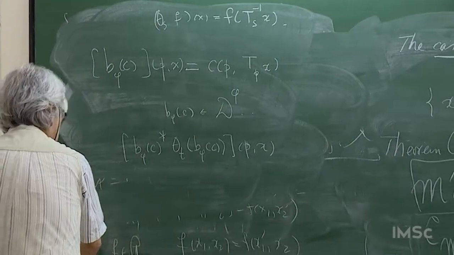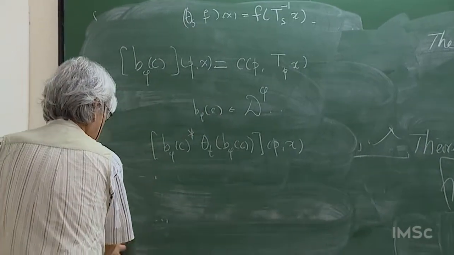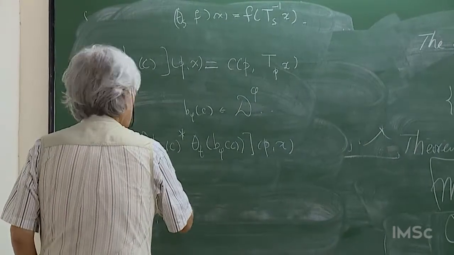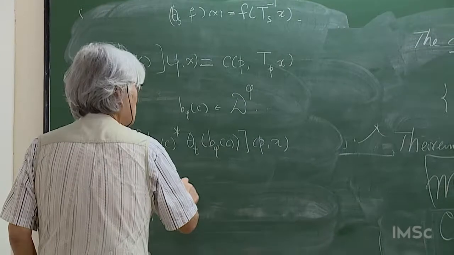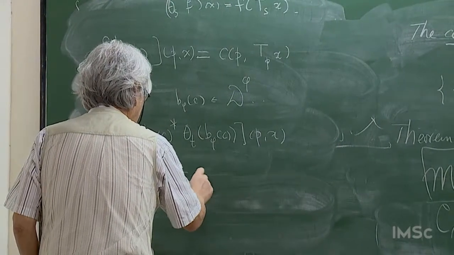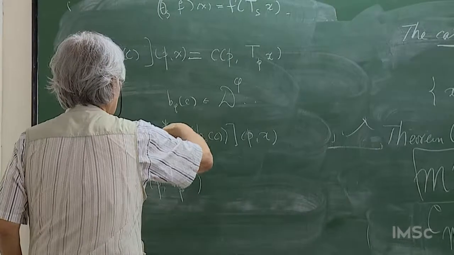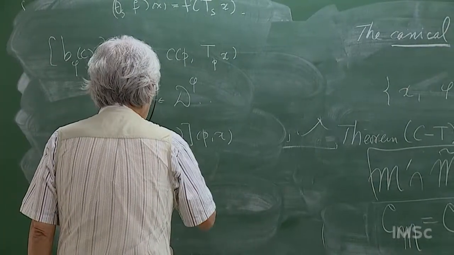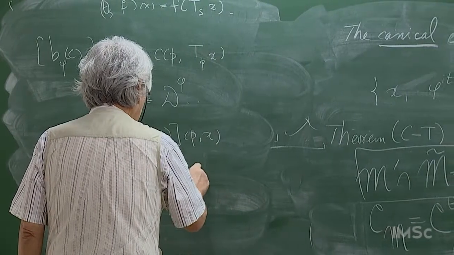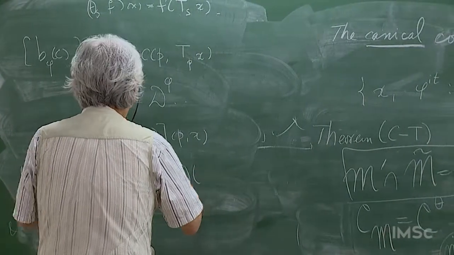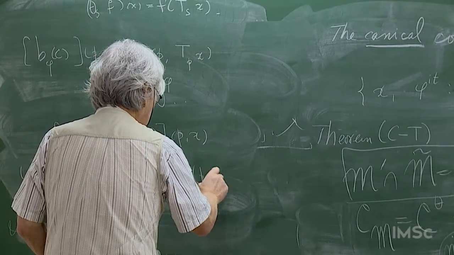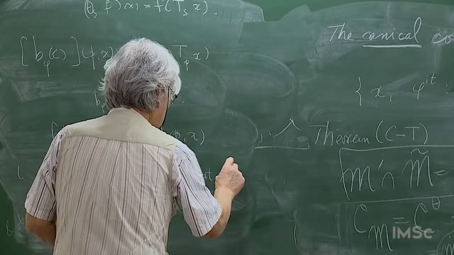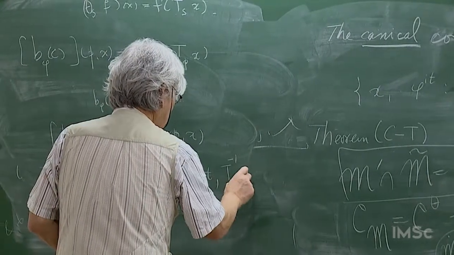Okay, we take this one: C of P, T P of X, adjoint, it's conjugate, and theta T, so this is B phi of C of T, that means P plus T, and this is T to the inverse of X.